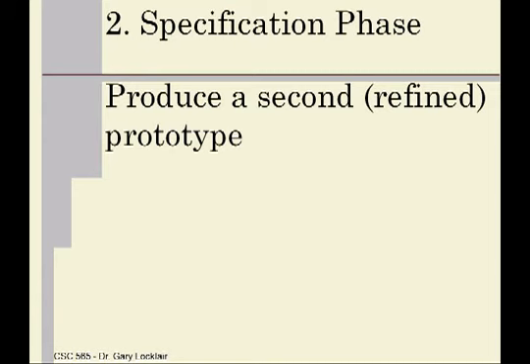The other aspect of the specification is you will then produce another prototype. Now that you understand the problem better, now that you know what the user wants as far as features and functions, we can produce another prototype that should be better, closer to what the user thinks about.